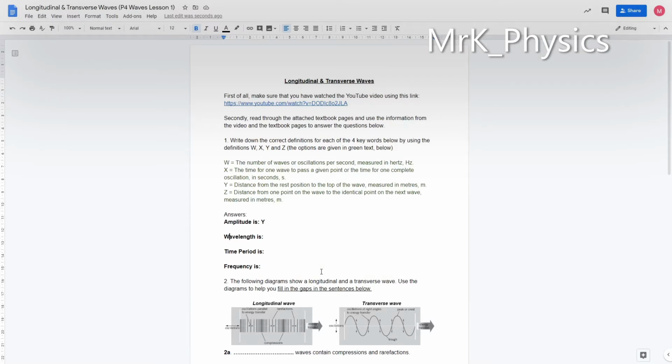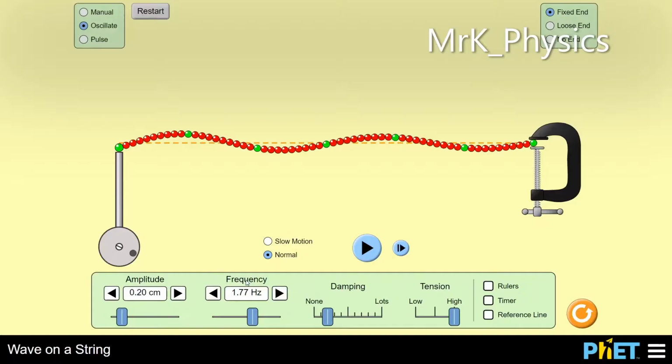In terms of wavelength then, that's a bit more easy to go and work out from these definitions. So it's essentially going to be z, which is the distance from one point on the wave to the identical point on the next wave. Let's have a look at that using the simulation as well. Just let that play.